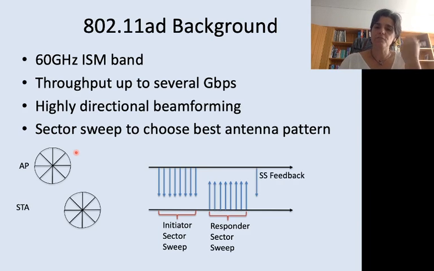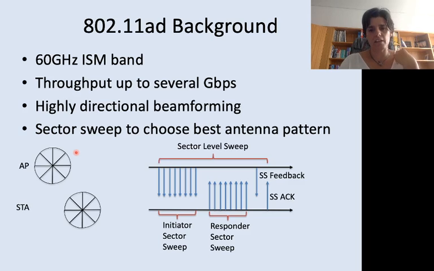It will then send that information as a sector sweep feedback to the station, and the station acknowledges it. This is the end of the sector level sweep. After this, both AP and station know which is the best sector to use in their communication. So it might be difficult to do this with a lot of mobility, although this is quite quick.